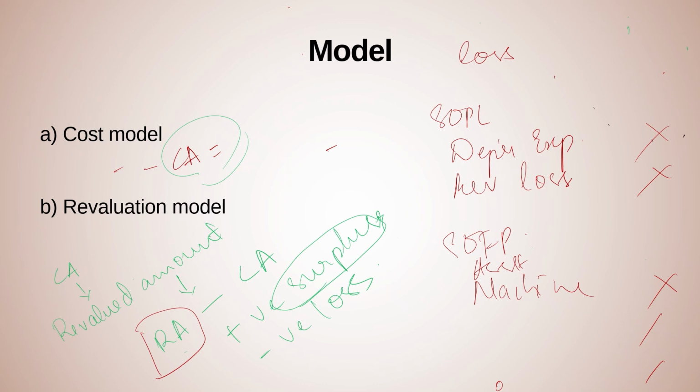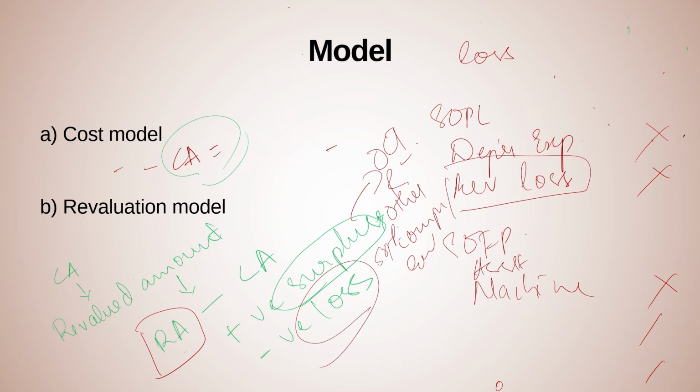Okay. So the only difference is here we will show revaluation loss in SOPL, and if it is surplus we will show it in OCI, and other components of equity which will come under SOFP. If it is loss, it will be shown in SOPL.